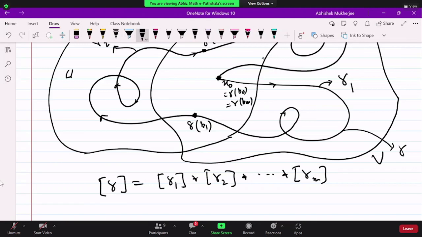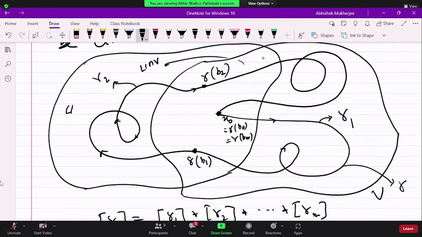Since we have assumed that U intersection V is path connected, you can define paths connecting X naught to gamma b1. You can connect X naught to gamma b2, and so on.